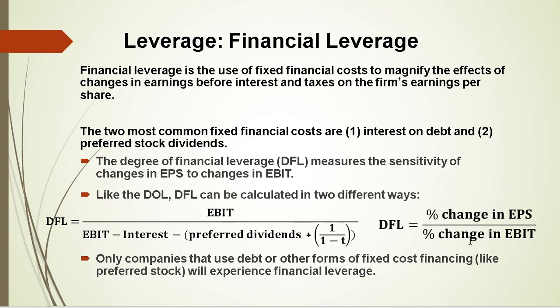Again, we can also get this right from the financial statements instead of the internal parts of the company. We can use this percentage change version. Again, the one peculiarity is we want to use the absolute value rather than just the percent change divided by the percent change.